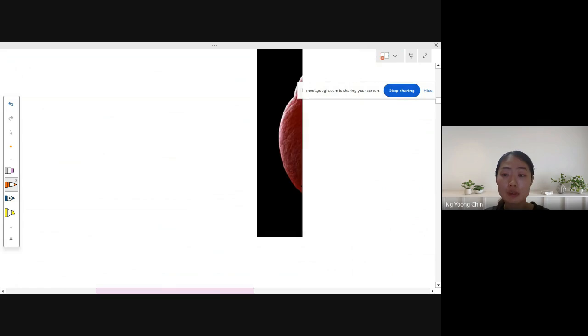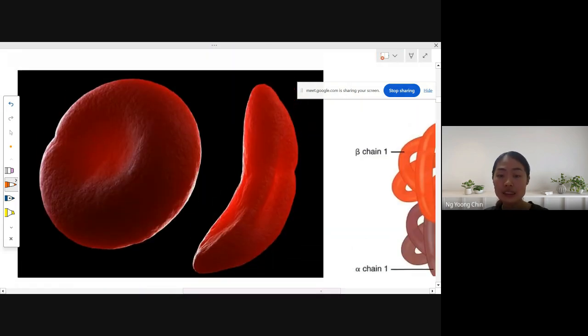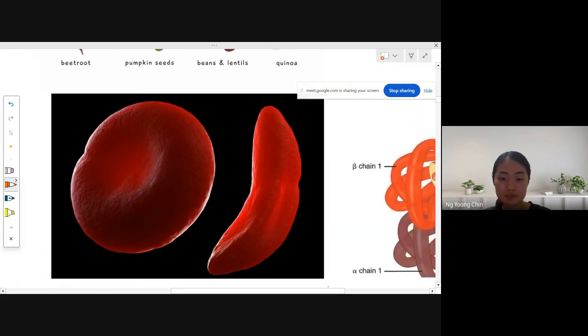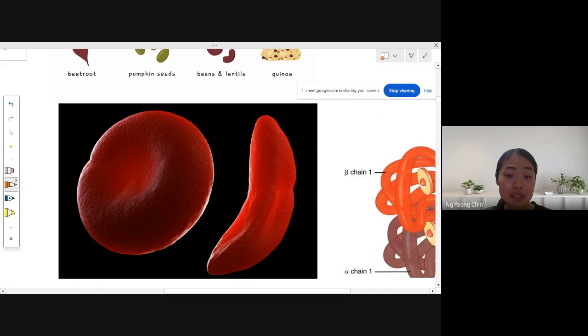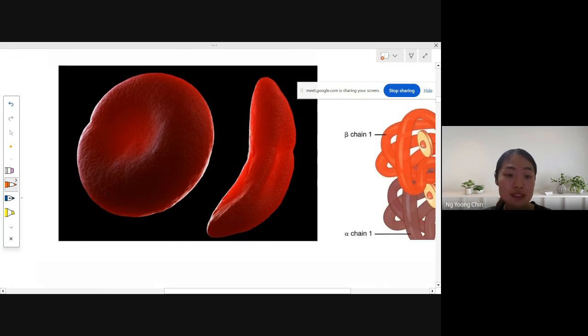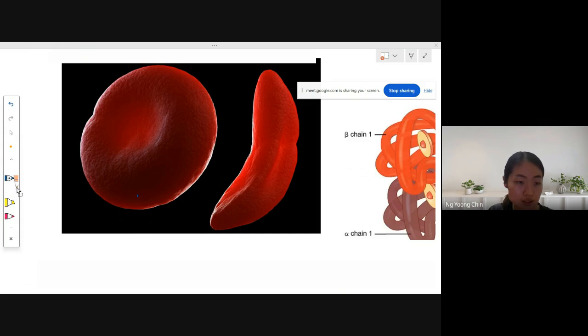Let me have a look at the red blood cell. See, this is the red blood cell. You appear in this way, right? Without a nucleus, and we call it a biconcave disc shape.